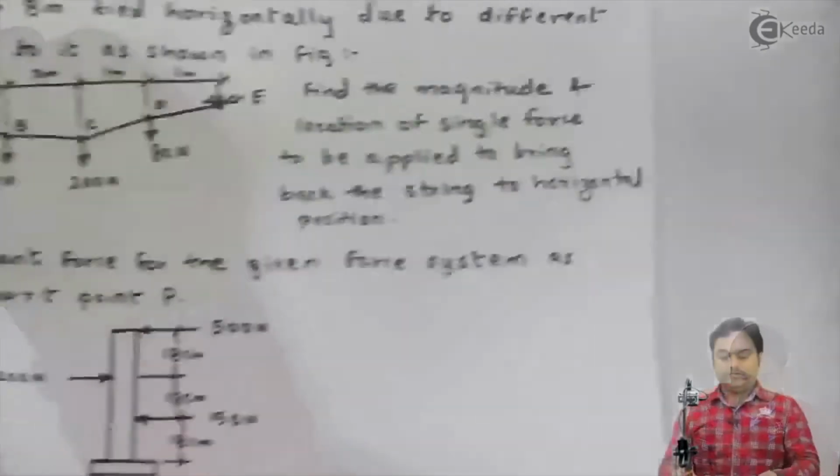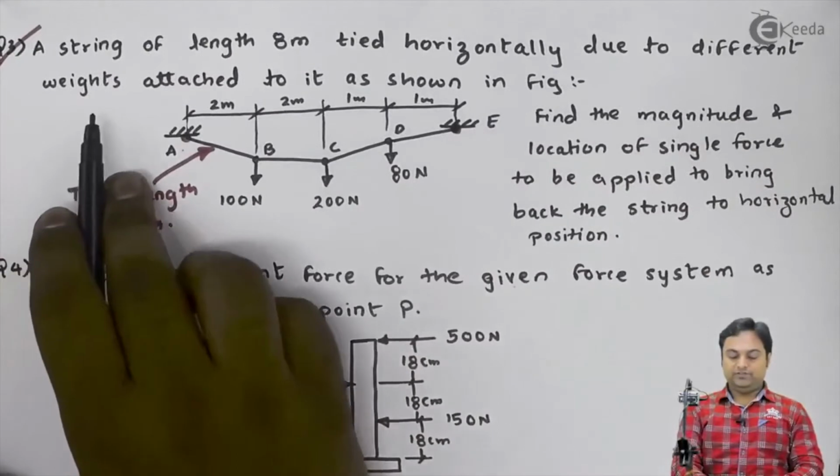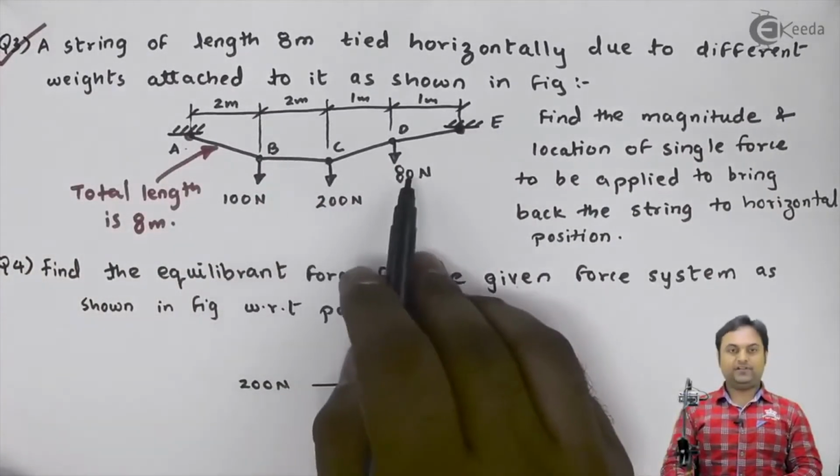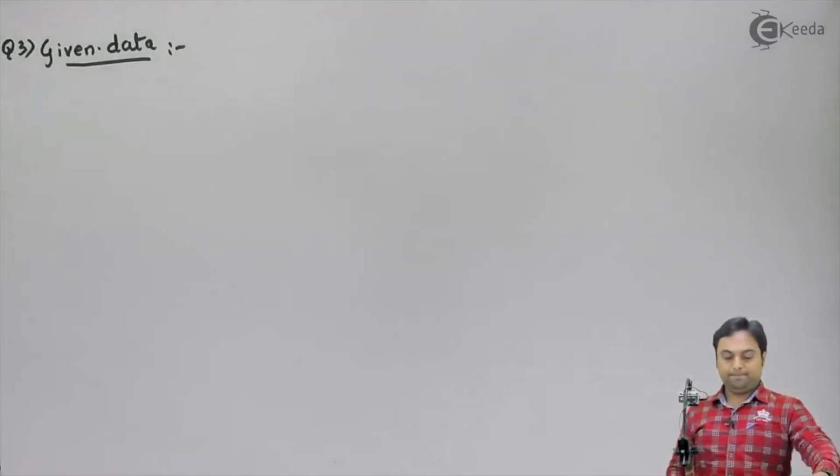I'll write the data for this question, question number 3. A string of length 8 meter is tied horizontally, and different weights are attached to it as shown in the figure. I have to draw this diagram again.